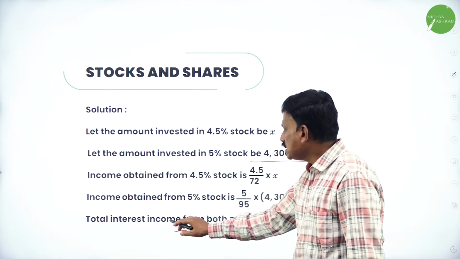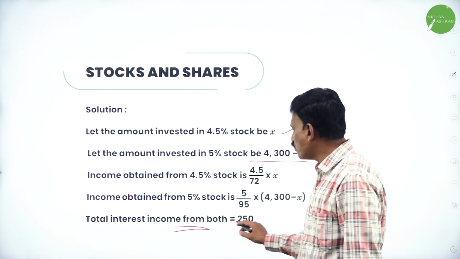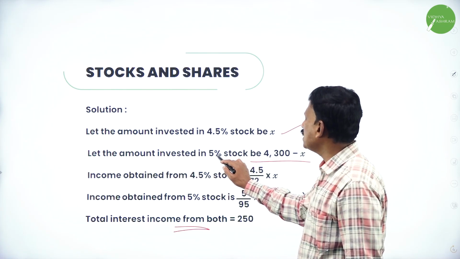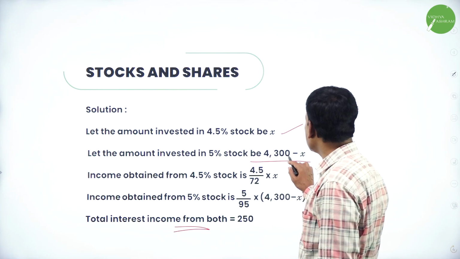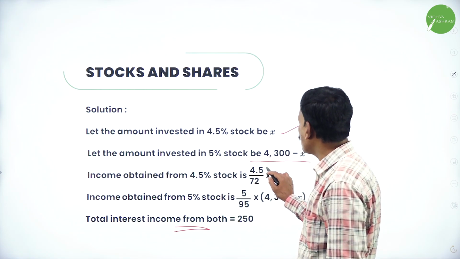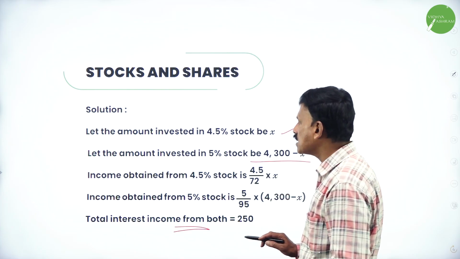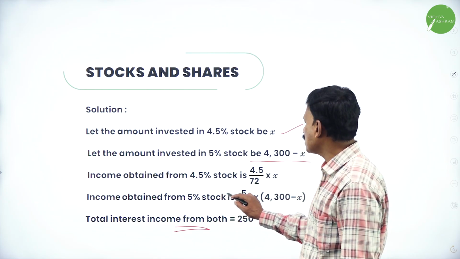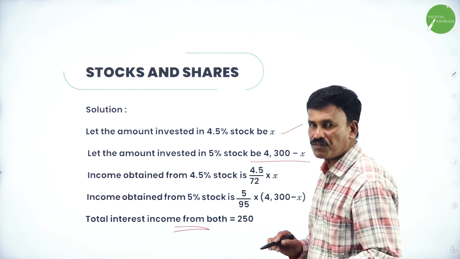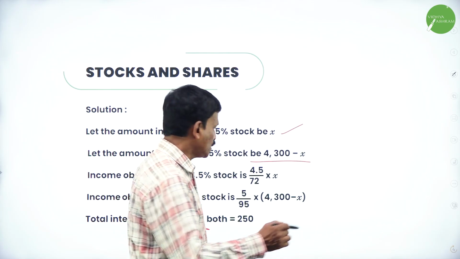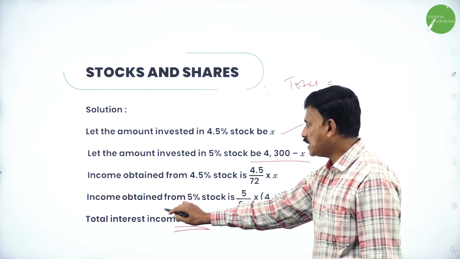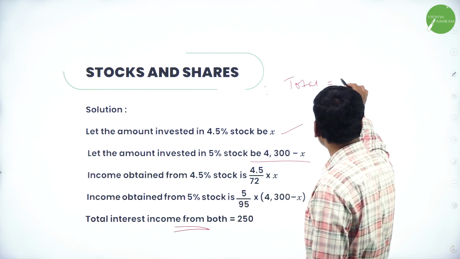The total interest income from both is 250. That is, the income obtained from 4.5% is 4.5 divided by 72 into X, whereas the income obtained from 5% stock is 5 by 95 into 4,300 minus X. Just add these to get 250. So, the total interest income from both is 250.